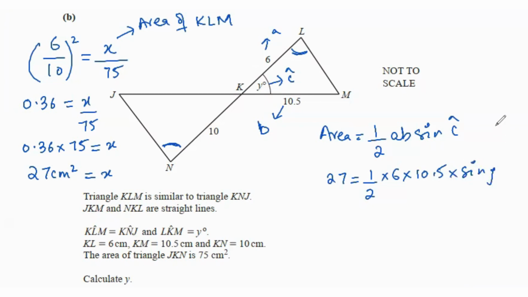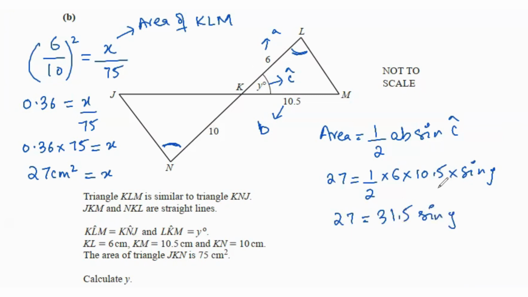So 6 times 10.5 divided by 2 is 31.5 times sine of y.